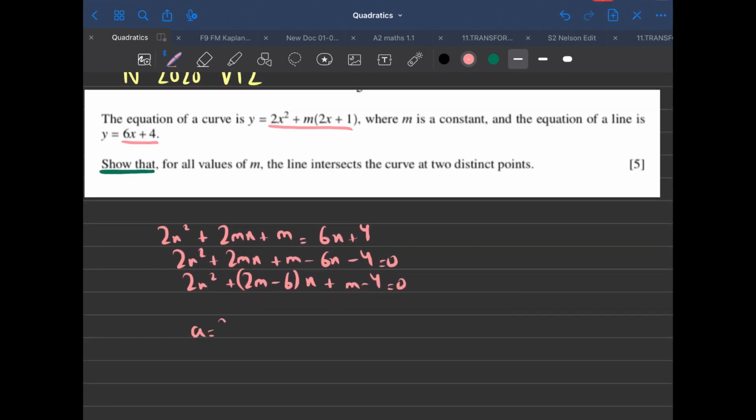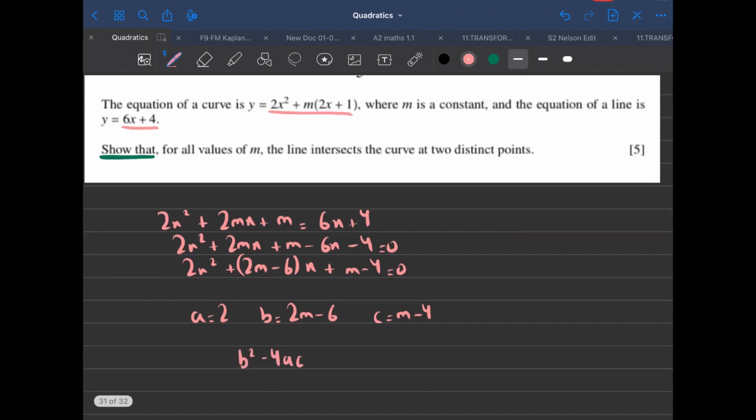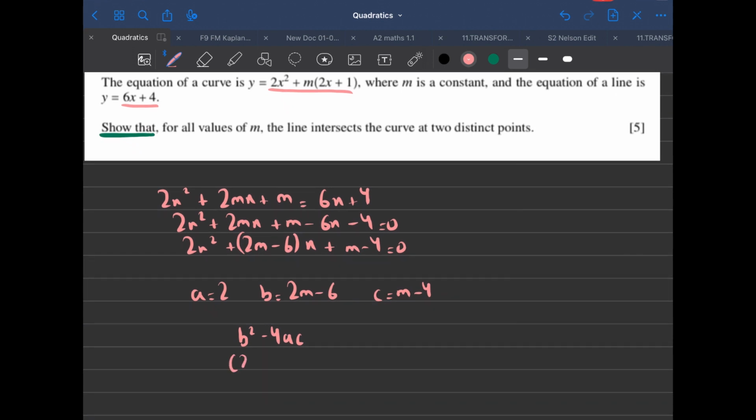A is 2, B is what? 2m minus 6, and C is what? N minus 4. So at two distinct points, it's what? B square minus 4ac greater than 0. Okay, so what's B? 2m minus 6 whole square minus 4 into what's A? 2 into m minus 4.